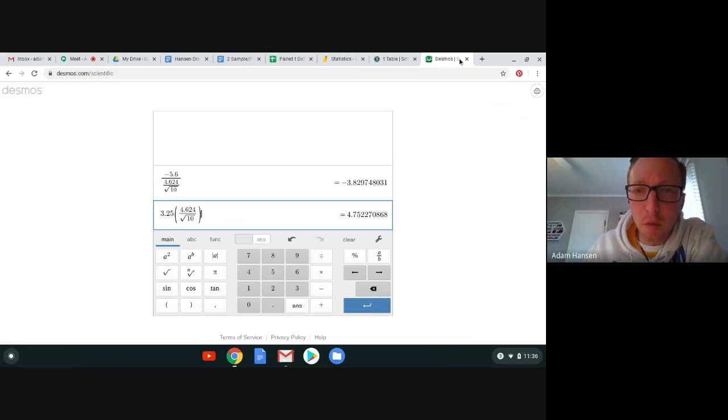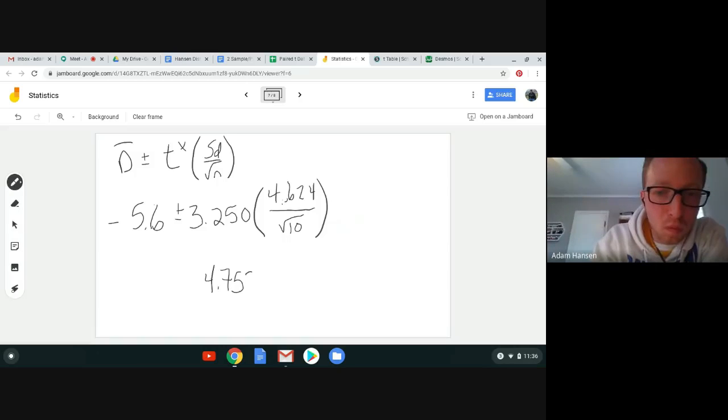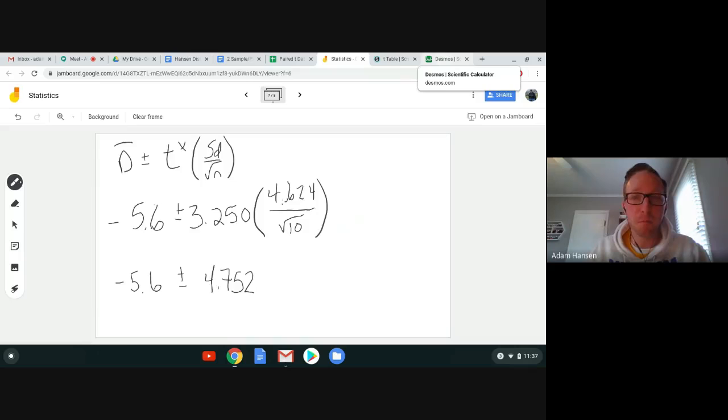I just forgot. 4.752. So our average difference of 5.6 pounds is no more than 4.752 pounds from the actual difference in weight from eating celery for a week.